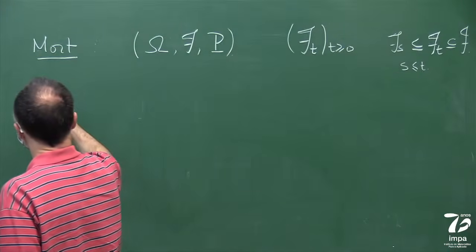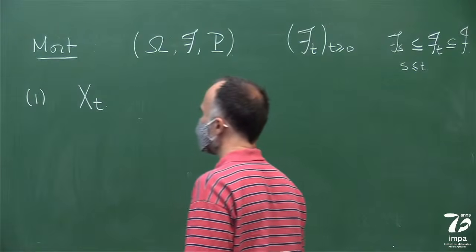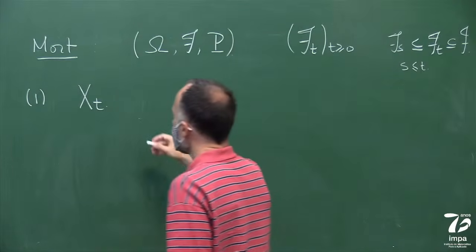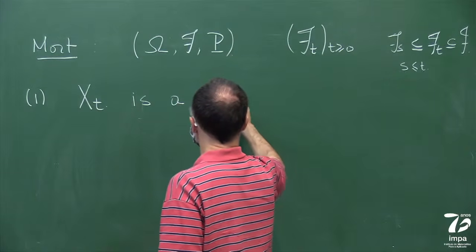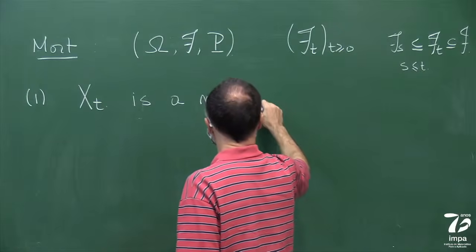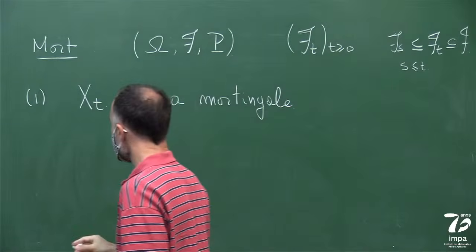And then I have a family, a process, Xt. And I will say that Xt is a martingale if the following holds.